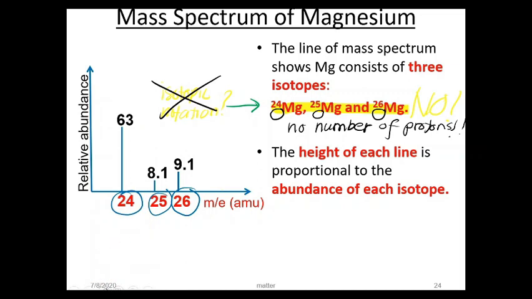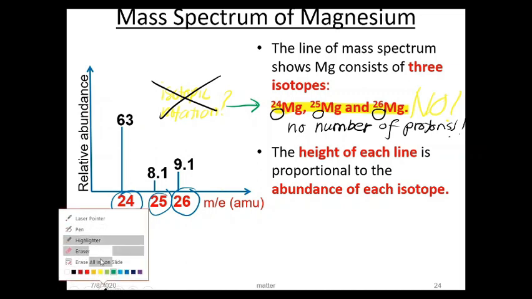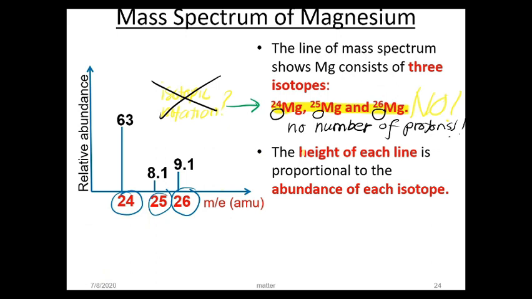In order to read a mass spectrum, you need to know that the height of each line is proportional to the abundance of each isotope.